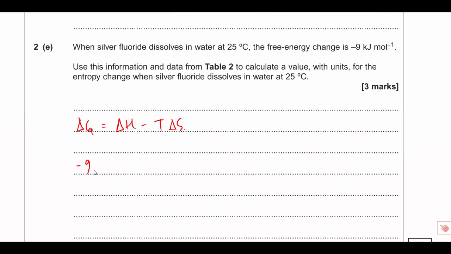So I know my enthalpy change is -15, 25 degrees Celsius, which you should know is 298 multiplied by delta S. So it's going to be -9 add -15. No, it's not. It's going to be -9 add 15.